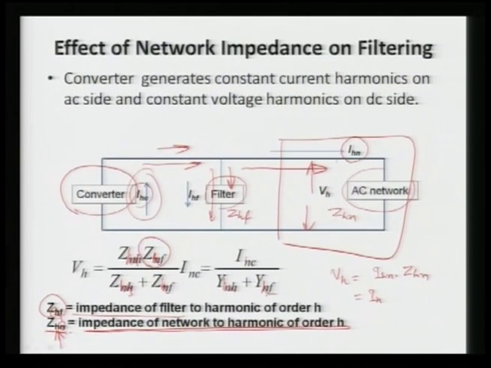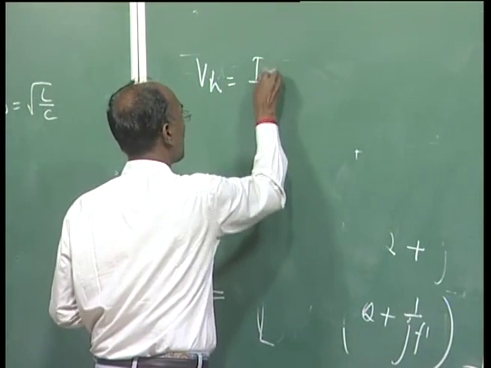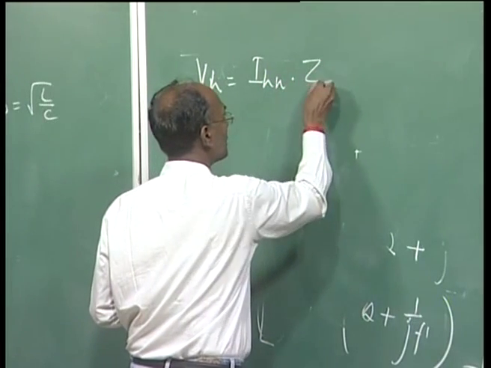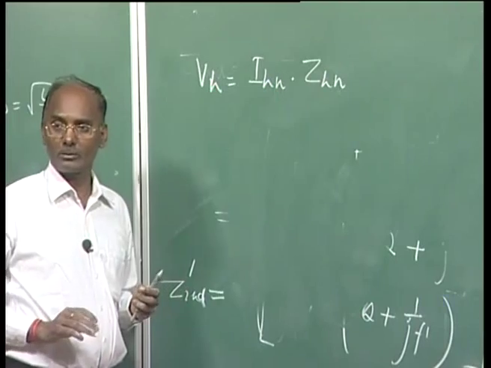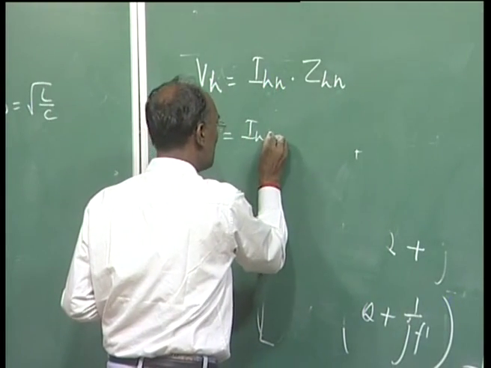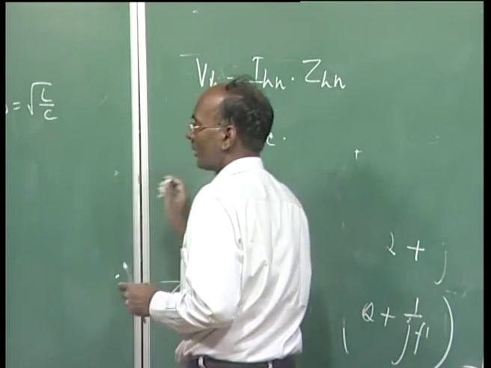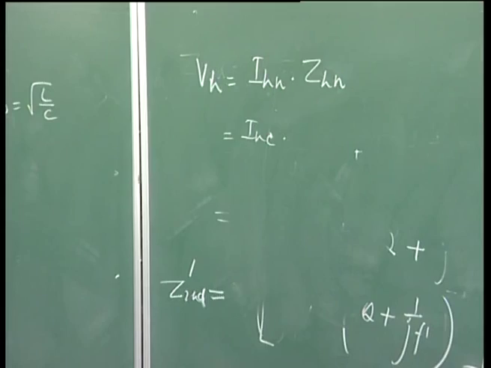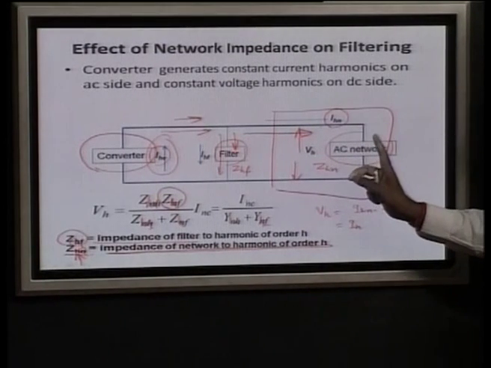So, from this figure we can write simply, VH is nothing but IHN into ZHN, the impedance of the network for that component. And this value we can write as IHF into the current here.